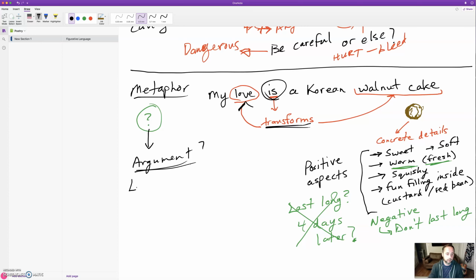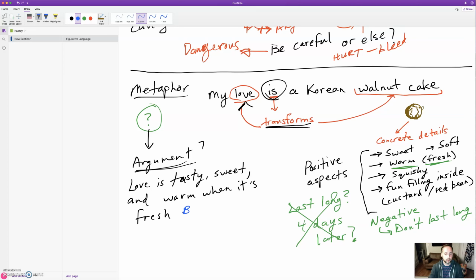So we can say love is tasty, sweet, and warm when it's fresh. All right, but there's a big but coming here. But it doesn't last long.